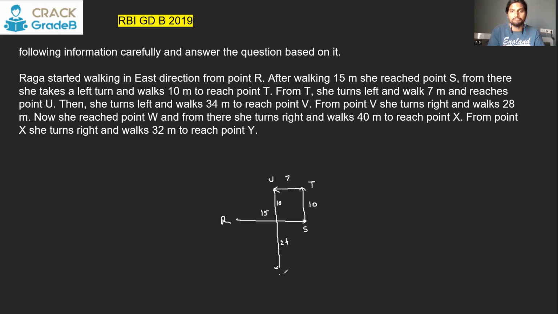And then she reaches point V. Then she turns right. Right means left for us and walks 28. So this entire was 15, out of which this was 7. If this was 7, that means this remaining was 8. So now if she has to go 28, so first this 8 and then extra 20 she will be traveling.